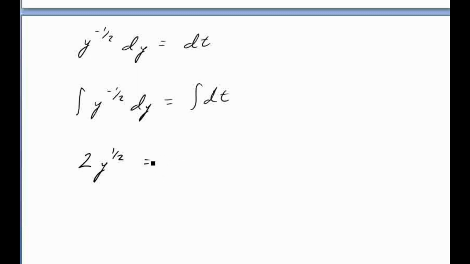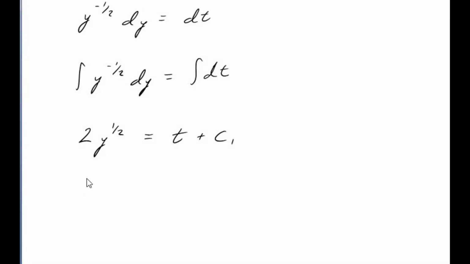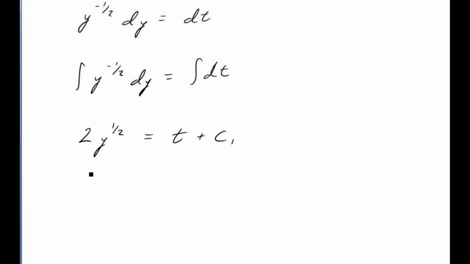And then on the right, what we would get is just going to be t plus the first constant in the line here. We can just go ahead and solve that for y by multiplying both sides by 1/2. So y to the 1/2 equals 1/2 t plus c2.